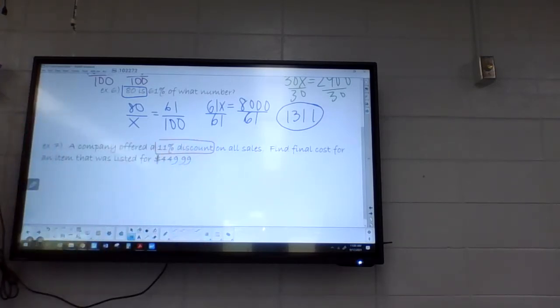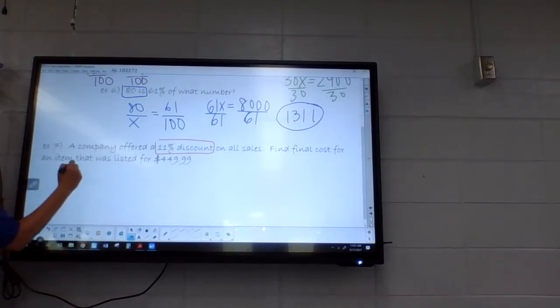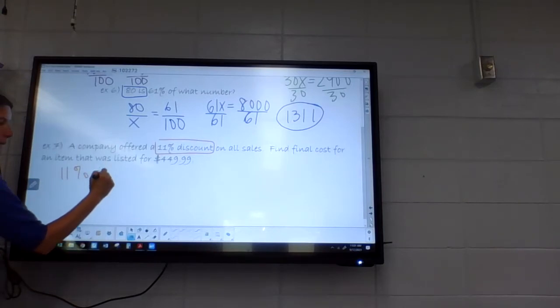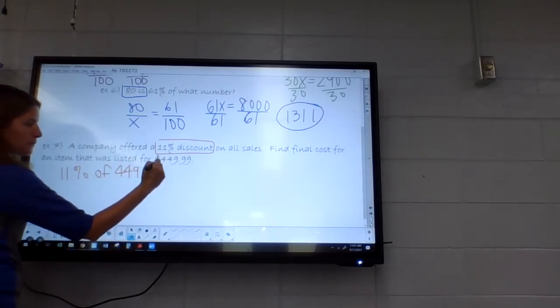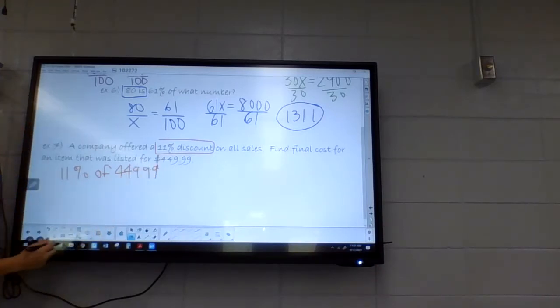Discount means I'm going to take that off the price, right? So I need to figure out what 11% is, and then I'm going to take that off. So I'm doing 11% of 449.99. So 11 over 100.